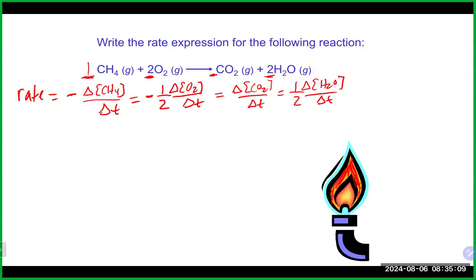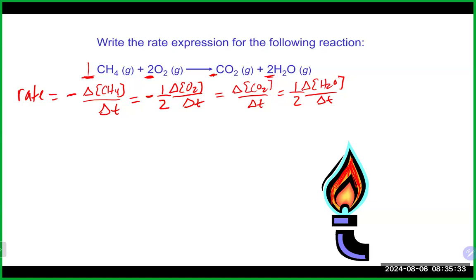Like I said, you pick and choose the ones that you have information about, and you can write separate rate expressions. This is a really good way of combining the stoichiometry part of the calculation with the kinetics part by taking 1 over the coefficient. It does all the stoichiometry for you at the same time.